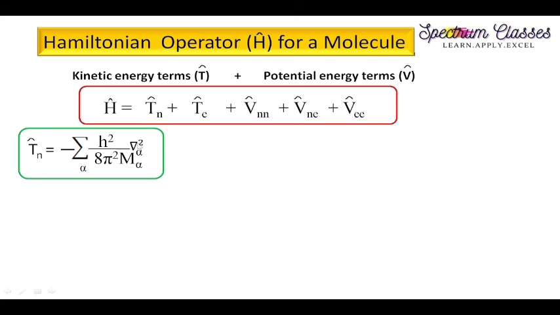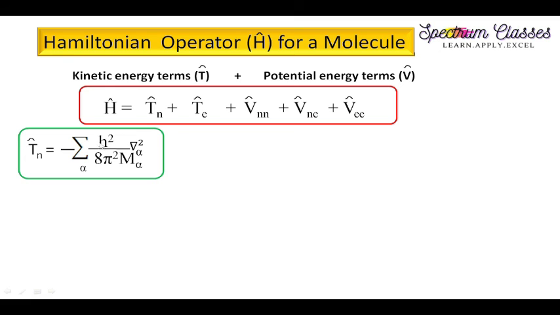It has its usual meaning, so I have not written it over here. h is the Planck's constant, m is the mass of the alpha nuclei, and we sum over all such terms for the nuclei present in the given molecule. And this is the kinetic energy operator, right? We have already discussed this in the Schrodinger wave equation.